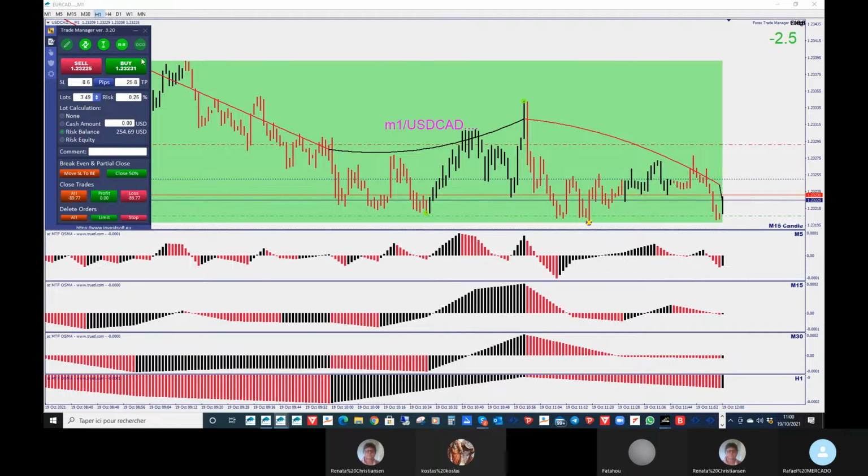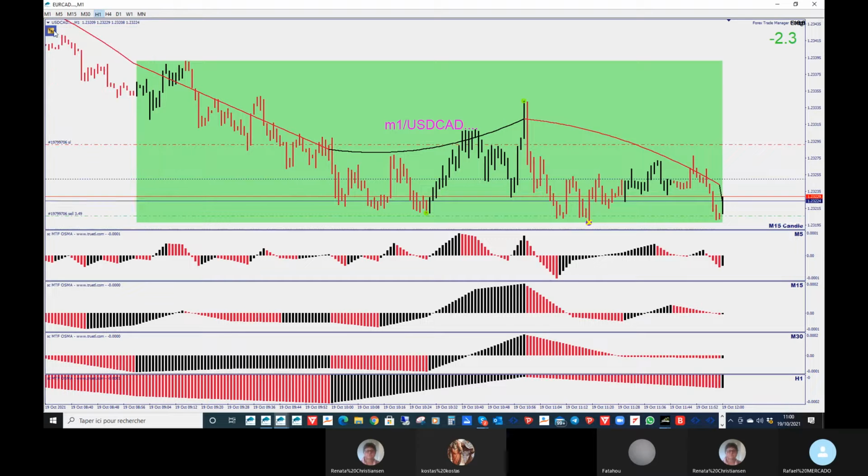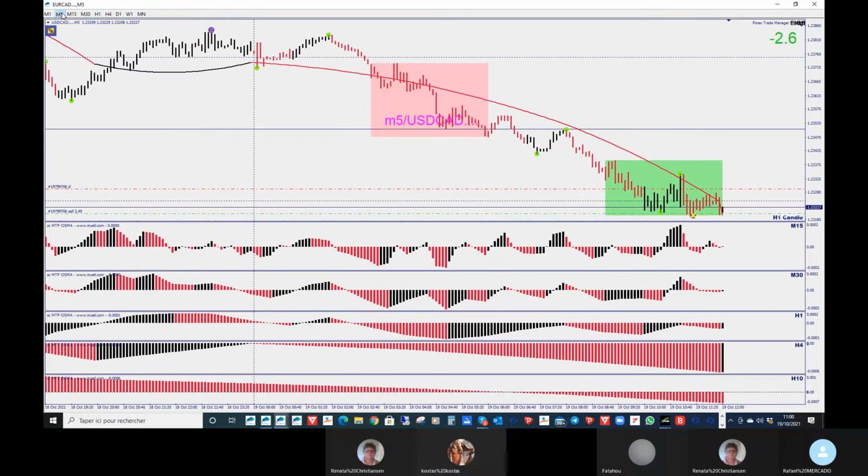Yeah, it looks like you had an entry there, and then everything changed color again. Yes. Yeah, everything changed color. 4 hour, everything. So I'm going to take my 2 pips loss. 3 pips loss in that one.